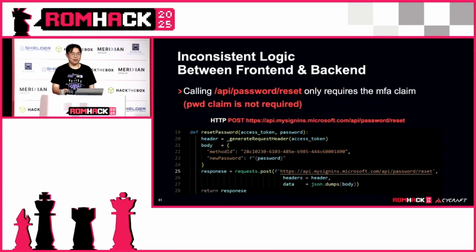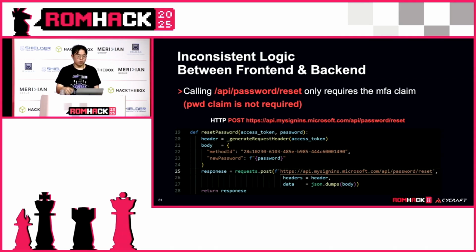So here is an inconsistent logic between the front end and back end. If you call the API password reset endpoint, the UI says you need the password claim, but actually you can just send the MFA claim. The password claim is not required. So we can easily abuse this inconsistency between the backend and the front end. We can just call this endpoint and reset the current password with a PRT cookie stolen from a device.